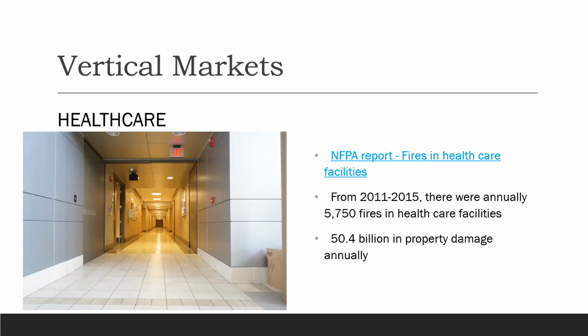People are often sleeping, maybe bedridden, maybe in a wheelchair in hospitals, and may not be able to use a stairwell. And so they do need areas of compartmentalization where they could section off areas of a building and protect many, many lives.